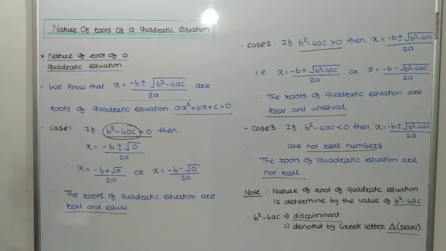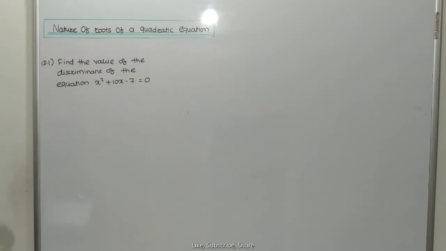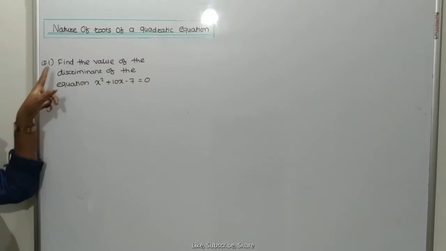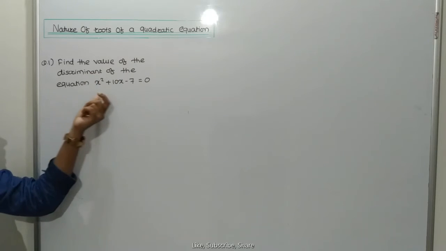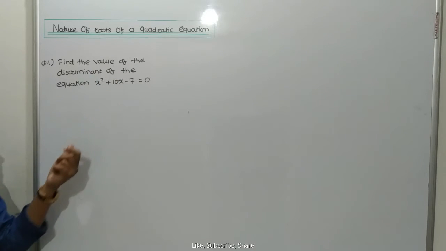Now we have to solve some examples based on this topic. Question number 1: find the value of the discriminant of the equation x square plus 10x minus 7 is equal to 0.